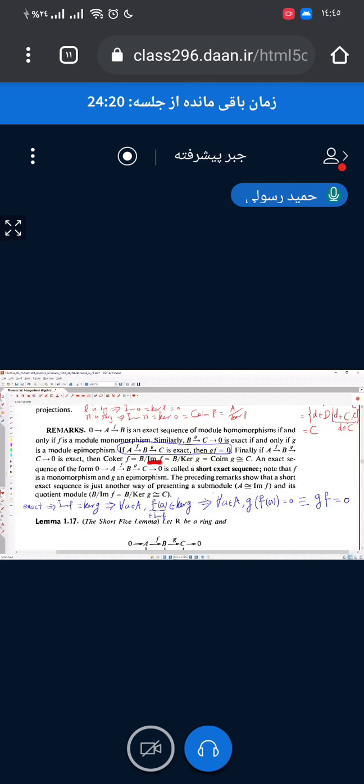We know that B over the kernel of G is the co-image of G, by definition.